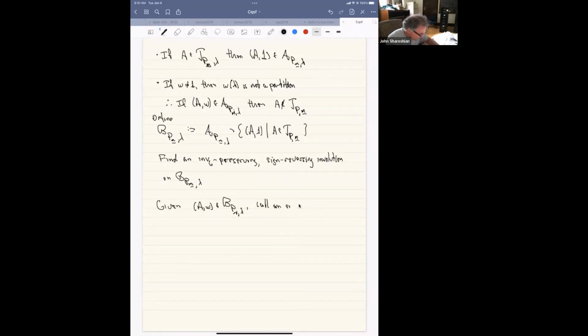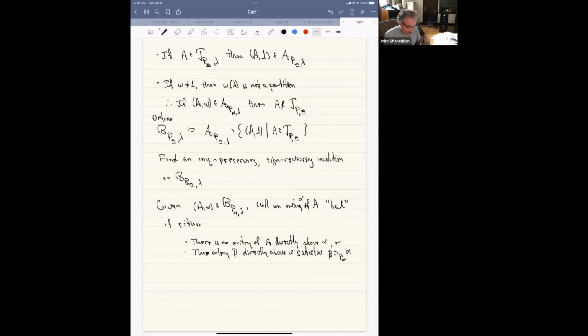Let's call an entry of A bad, for lack of a better word, if either there is no entry of A directly above alpha, let me call this alpha, or the entry beta directly above alpha satisfies beta is bigger than alpha in our poset P.